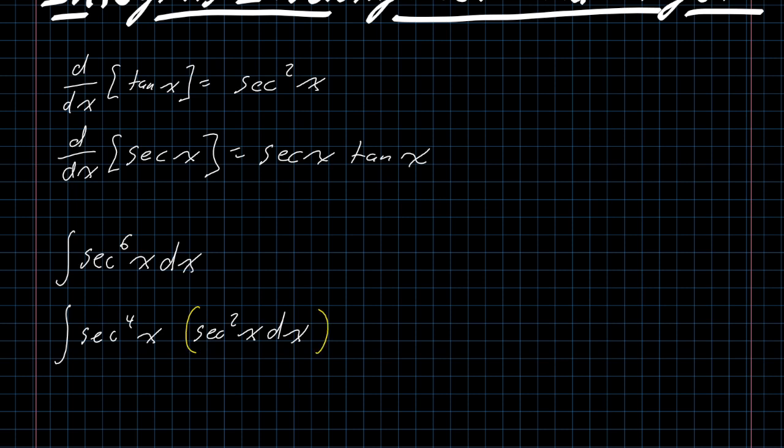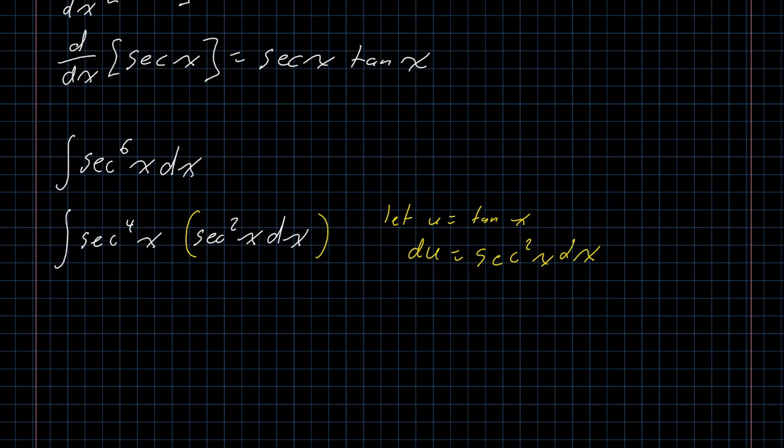I am really hoping that I can let u equal tangent of x so that du is secant squared x dx, and then this will be fairly straightforward. Unfortunately, that's not what I have right now, but if I take some time and do some creative rearranging, I should be able to get there. I will need to use the Pythagorean identity.